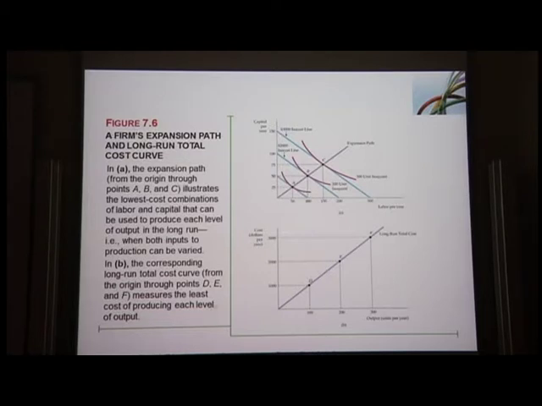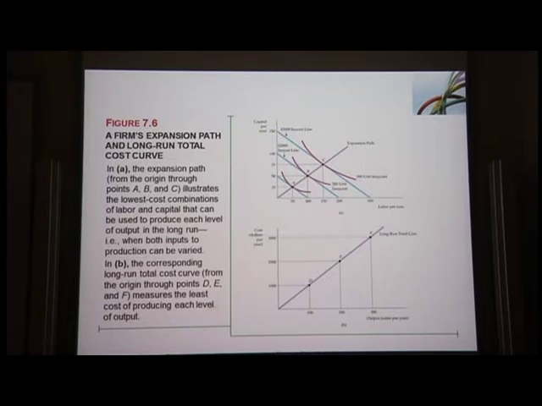Now, what are the costs to produce each level of output? For 100 units, the cost is not mentioned there, but it's $1,000. For the second level of output, to produce 200 units, it will cost $2,000. And to produce 300 units, it will cost $3,000. So the cost increases as you produce more.